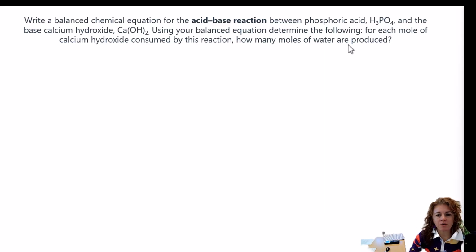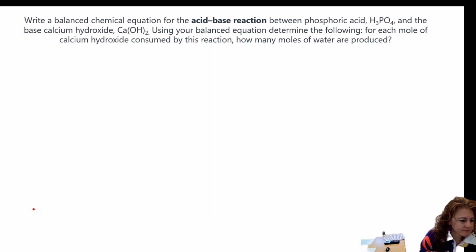So this is a challenging question, just that there's a lot going on before we can get to the answer. So the first thing we're going to do is write a balanced chemical equation for the acid-base reaction. I give you guys the names of the acid and the base. That's certainly not something you're responsible for. So I'm going to write down first phosphoric acid, which is H3PO4.